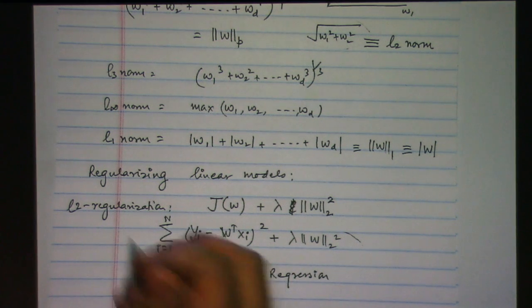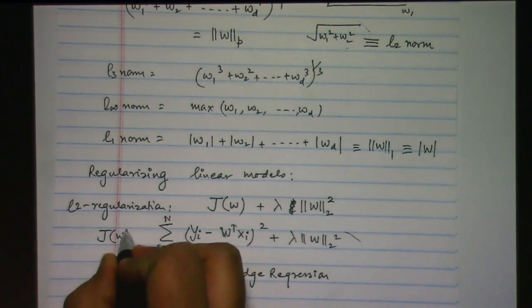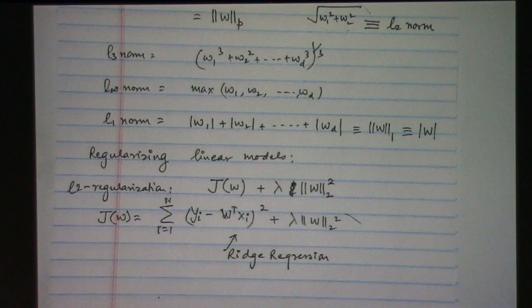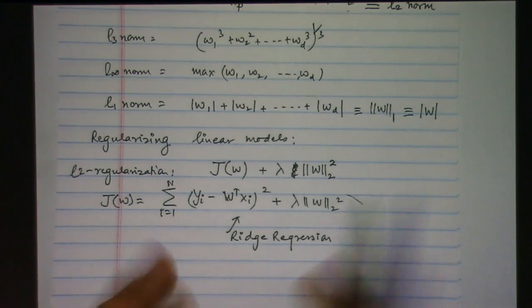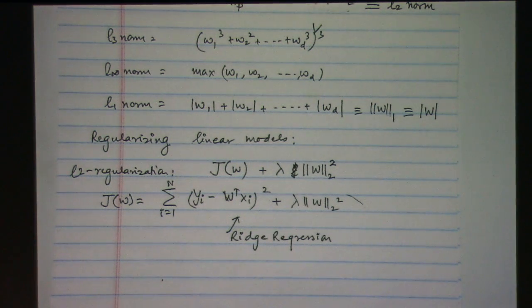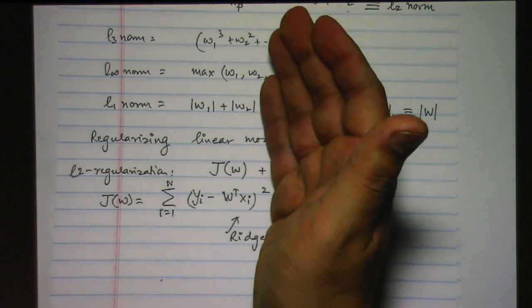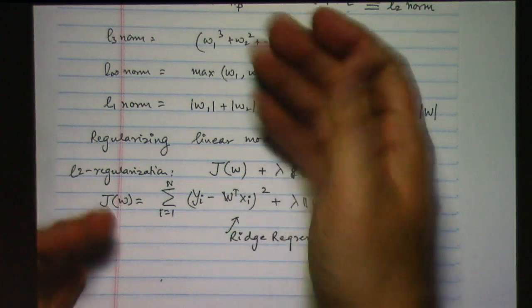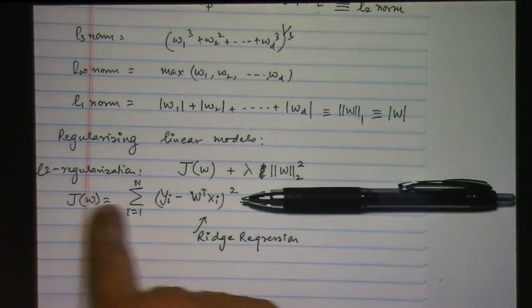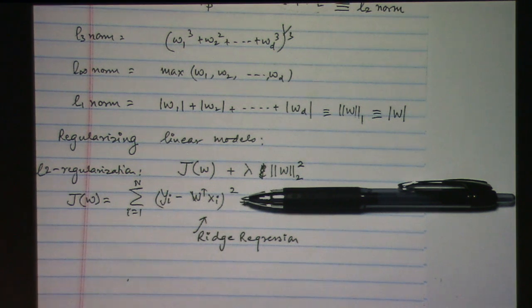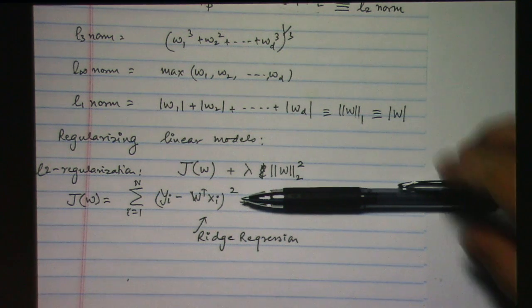So the first thing we are going to see is how do we find w? Now our objective function has changed a little bit. This is our objective function, a function of w, and we want to find the w that minimizes this whole thing, not just the first part, as in least squares. We want to minimize the sum, because that lets us control the magnitude of w.